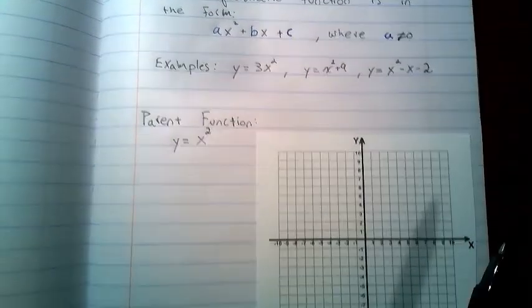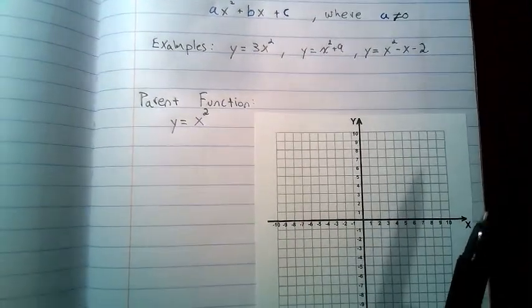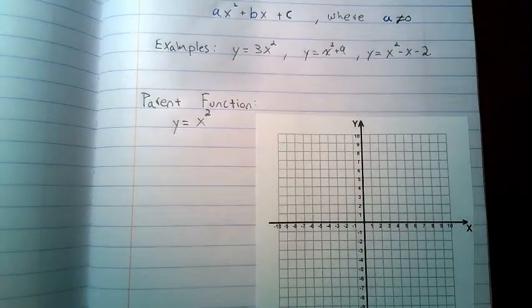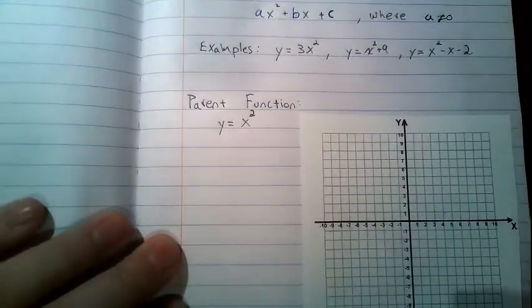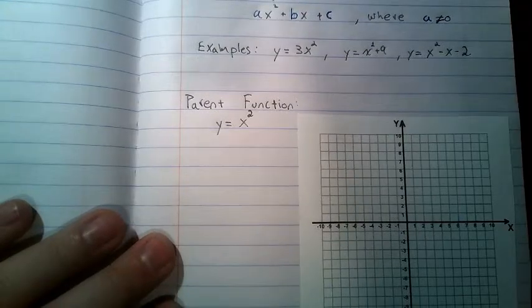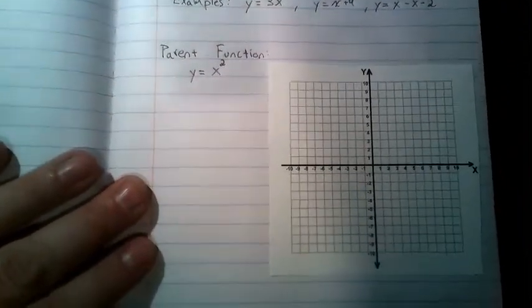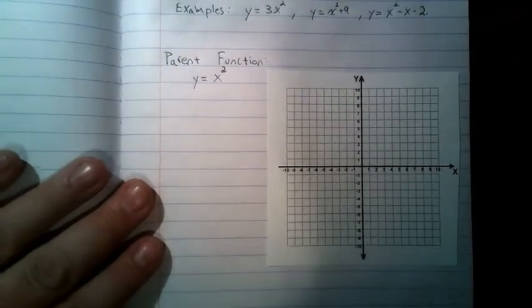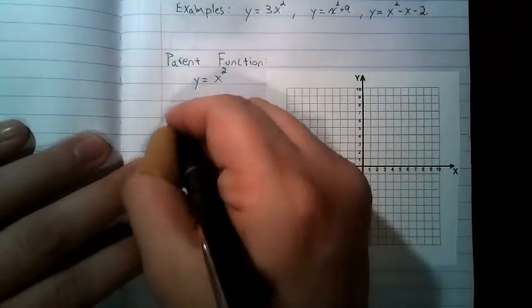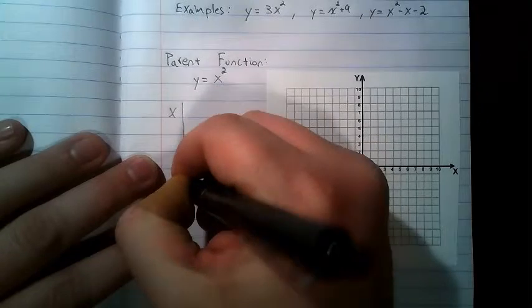Now, when you graph quadratic functions, we're going to start by making an xy table. So we're going all the way back to making an xy table. Let's do x and y.